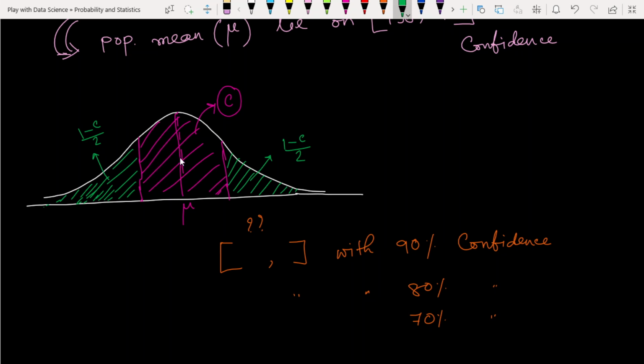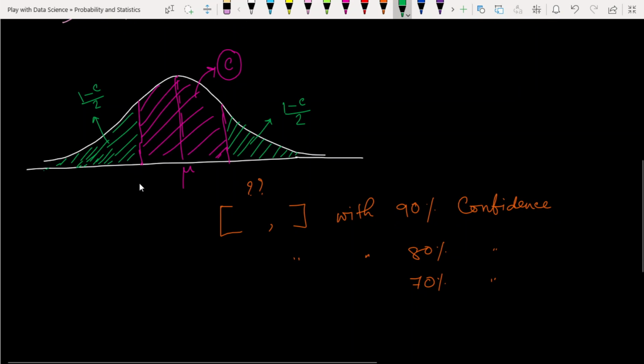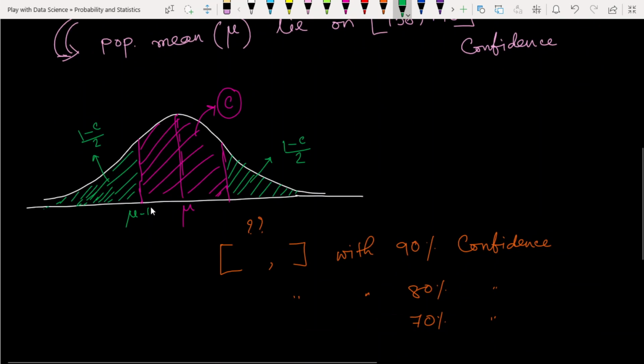Now we are interested in finding this interval, in which interval mu lies. So what will be the interval? What will be this value, which, if it is a Gaussian distribution, we can easily find? So what will be mu minus delta? What will be mu plus delta? What is actually this delta value?